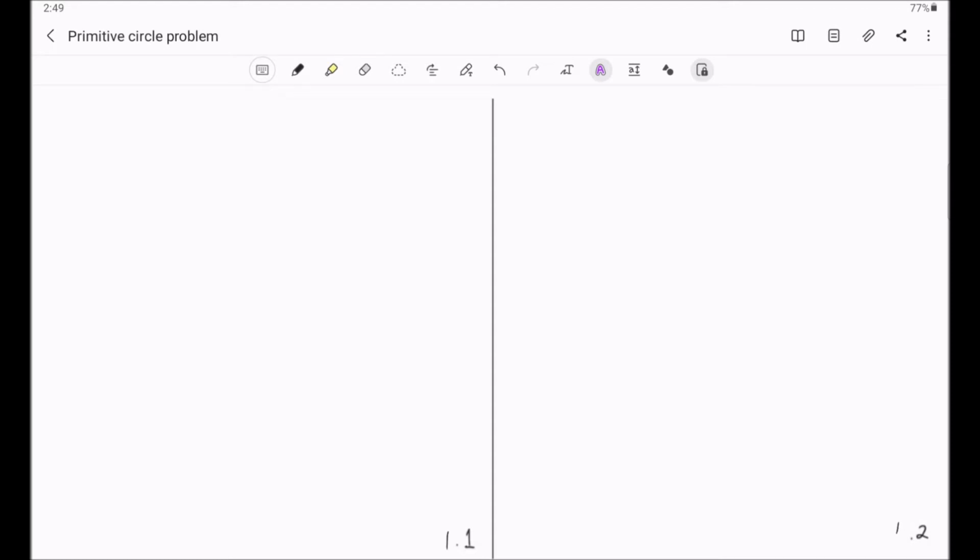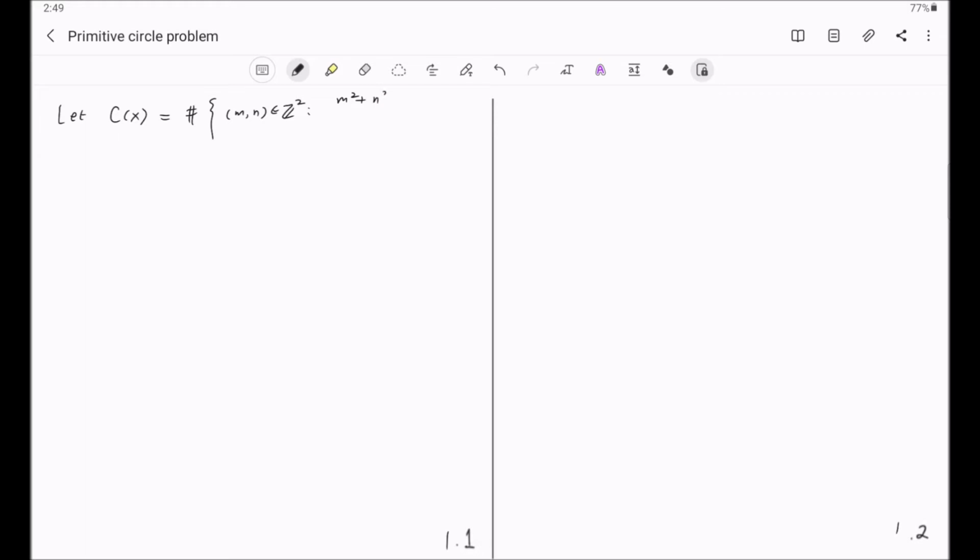There's another famous problem that is closely related to the probability of coprimality. This famous problem is called the primitive circle problem. It states as follows: let c of x be the number of primitive integer vectors in the disk of radius x.